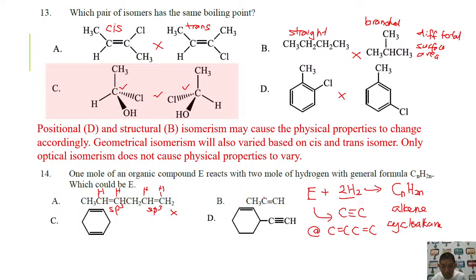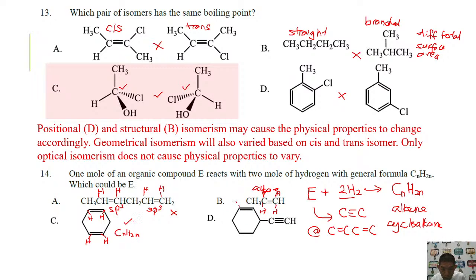As for B, after reacting with hydrogen, it forms alkane. So alkane cannot be CnH2n. Alkane is CnH2n plus 2. As for C, after you react with 2 hydrogen, it becomes a cycloalkane. So when you become a cycloalkane, then it is still CnH2n. So C could be the answer.